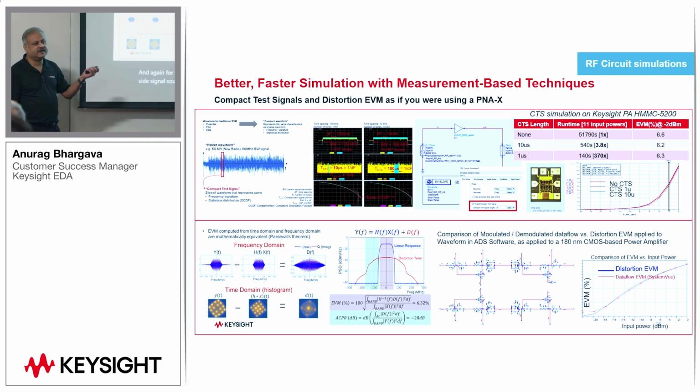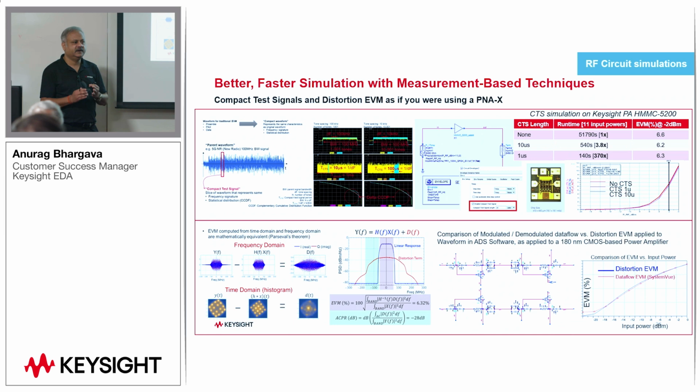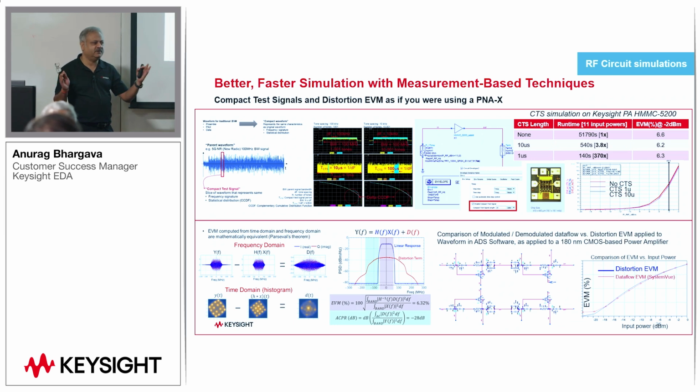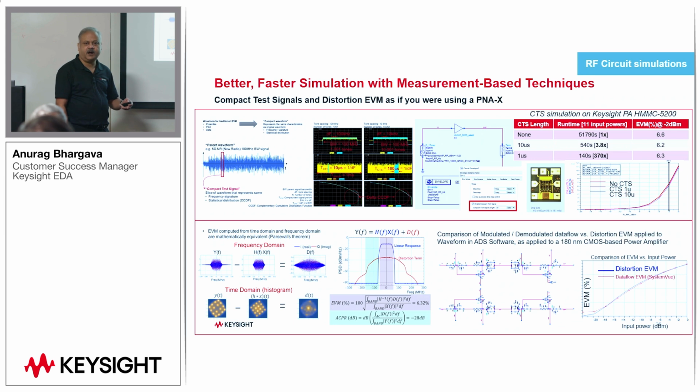Or you could do something like compact test signal, which Murthy was talking about. Instead of simulating a whole frame, you can take a small segment of that waveform, which is statistically correct, and you can run modulation analysis, capture EVM, ACPR, and so on. These simulations run in a fraction of the time rather than hours of simulation.